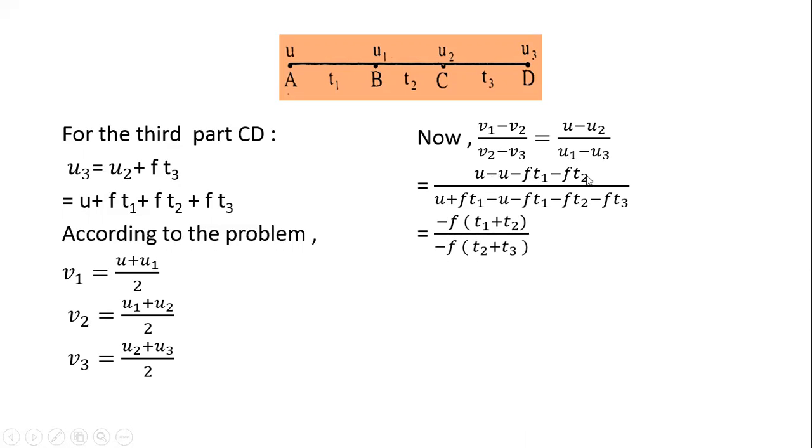If we take common minus f, then we get minus f into (t1 plus t2). Here u minus u vanishes, ft1 minus ft1 vanishes. If we take minus common from these two terms, we get minus f into (t2 plus t3). So from this term and this term, we get (v1 minus v2) by (v2 minus v3) equals (t1 plus t2) by (t2 plus t3), because minus f vanishes, which is our required solution.